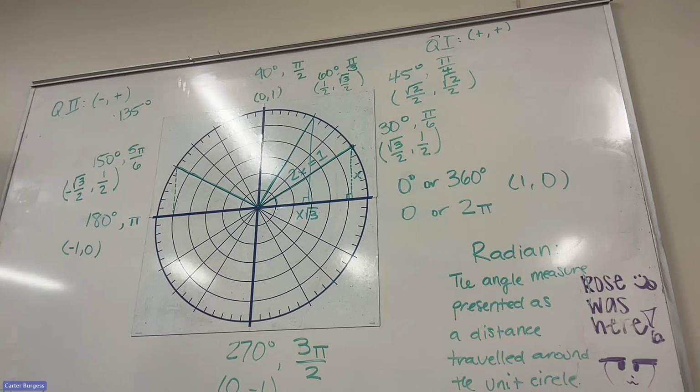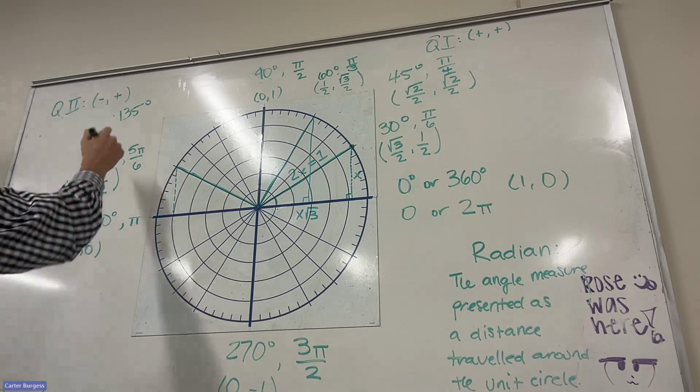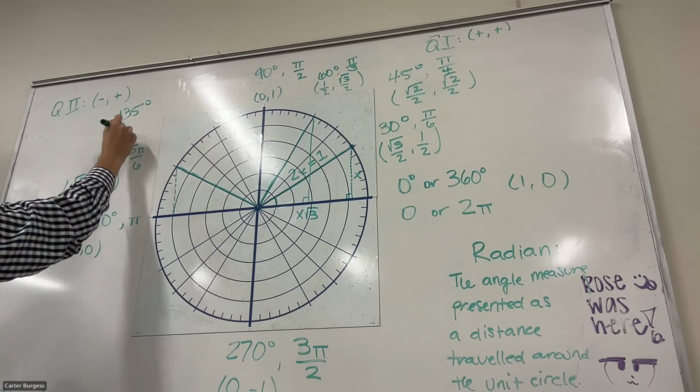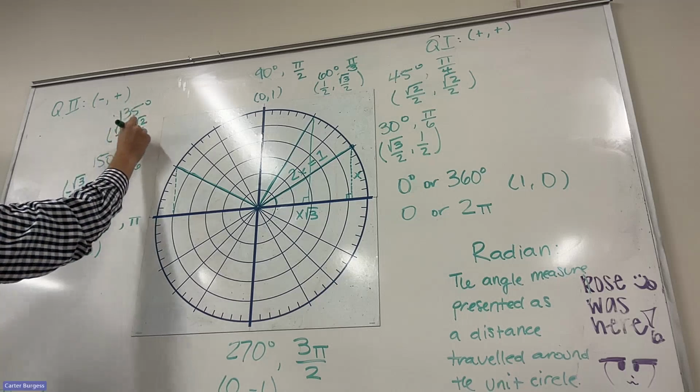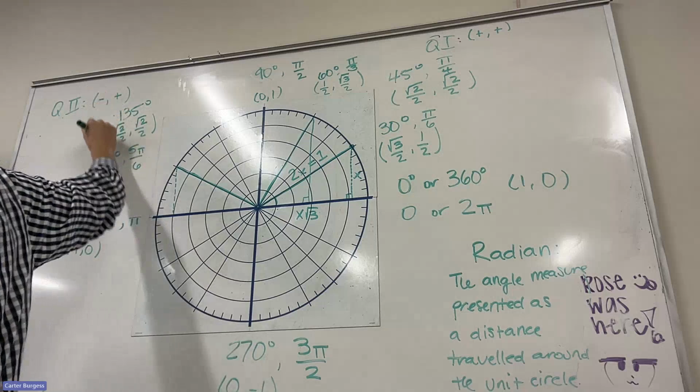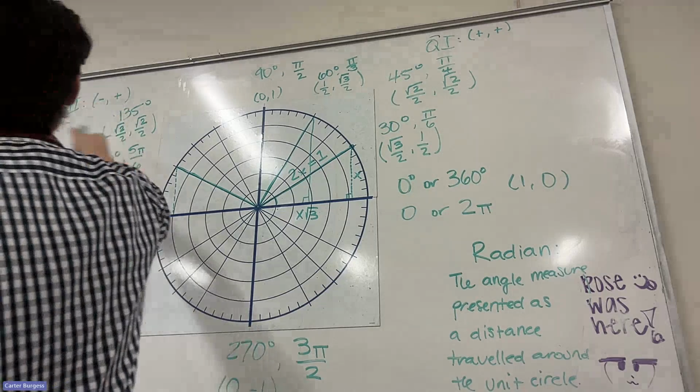Okay, what are my X and Y information that normally go with 45 degrees? √2/2 for both. That's quadrant 1 information. Except what's going to be happening in quadrant 2? The X value is negative.